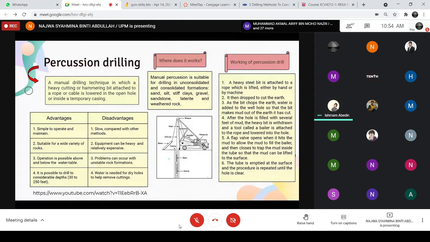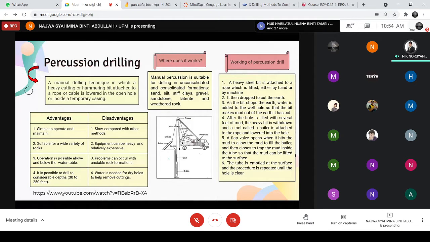Yes, kind of slurry. The method uses water, and which group mentioned drilling mud? Is it group 3, Nazri? Yes, Nazri. You talked a bit about drilling mud.